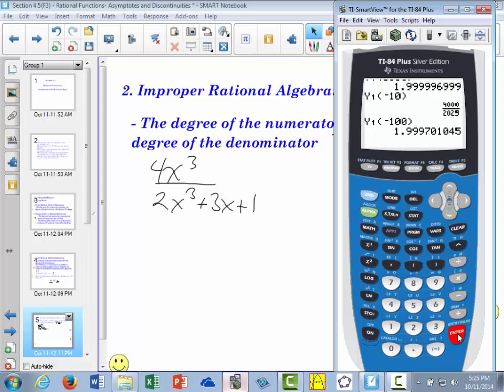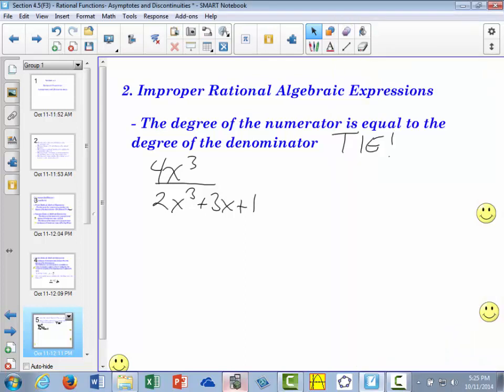So if we look at our original function over here, we notice the leading term, or the term with the highest degree, in both the numerator and the denominator. So we have a 4x cubed and a 2x cubed. And in the long run, these are the terms that are going to be the most important as x gets larger and larger.